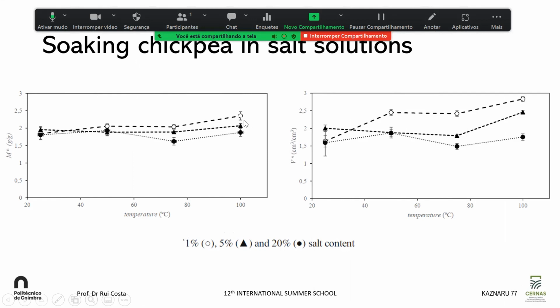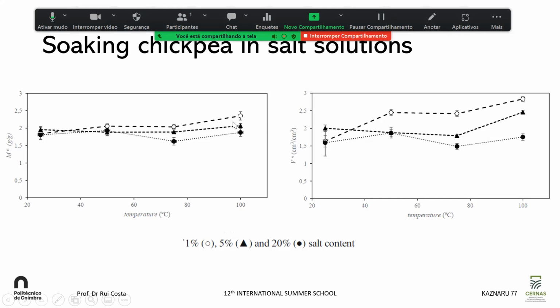And we can see that if you salt it at 1% of salt, we will gain more water than if you salt it at 5% or 20%, which makes sense because if we have high salt content, we don't have so much water in the solution.